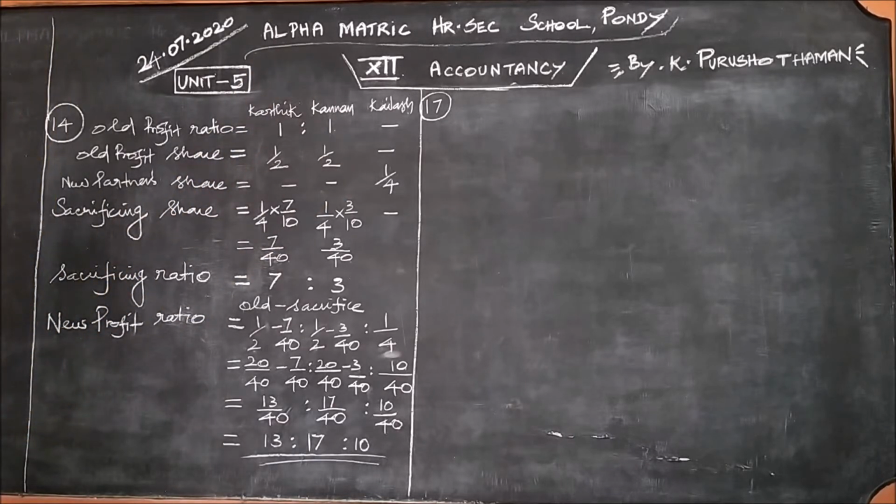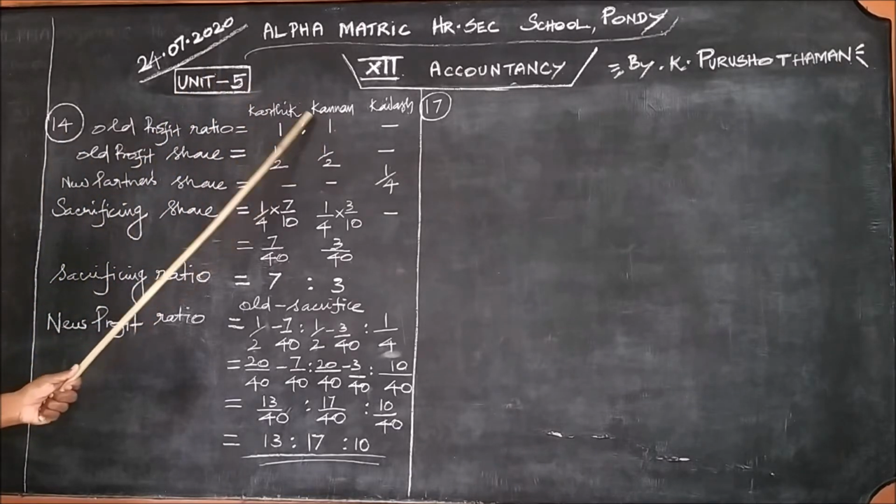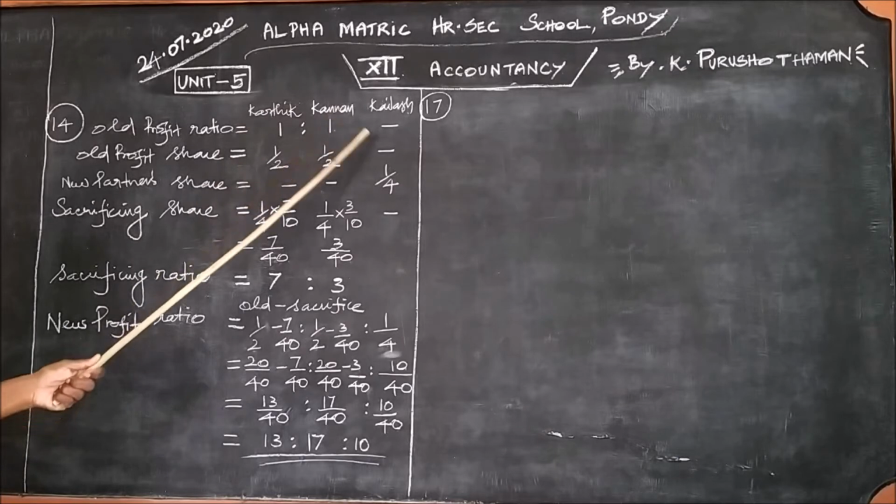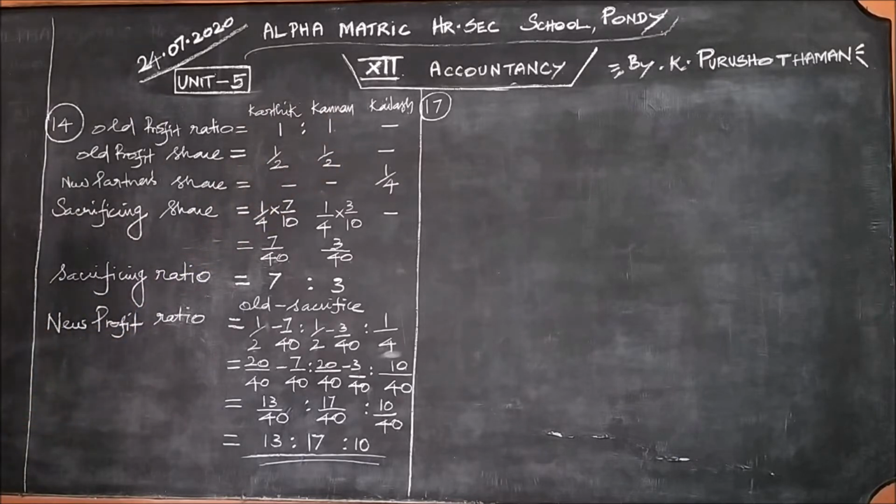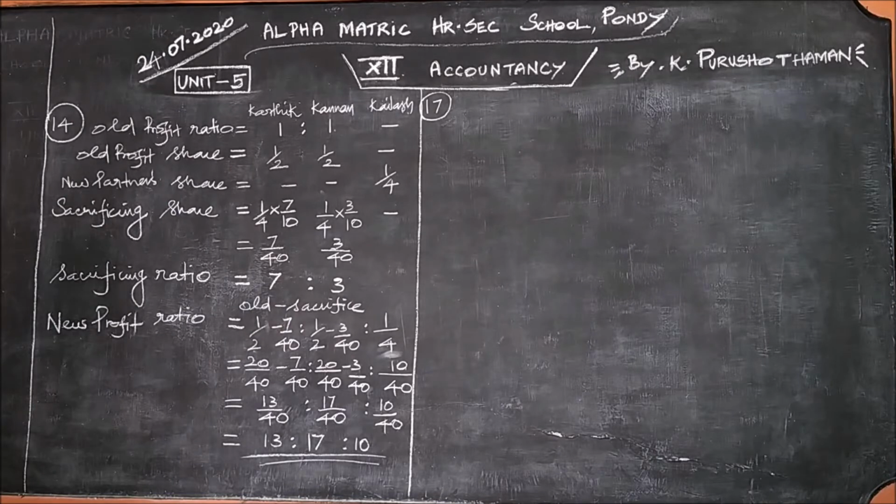It is not at all given in the problem, you should remember, but it is given in terms of words: they are equal partners. From that, you should understand that the ratio must be 1:1. So, their old profit share will be 1 plus 1, 2, that is 1 by 2, 1 by 2. New partner's share is fixed, that is 1 by 4. From the profit, 1 by 4, he must be given.